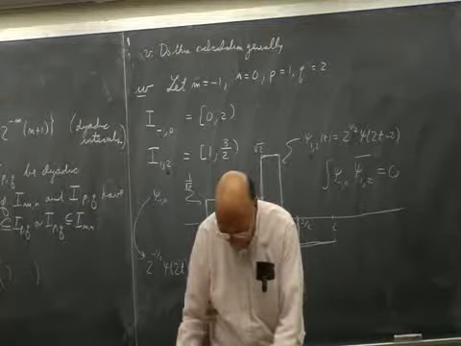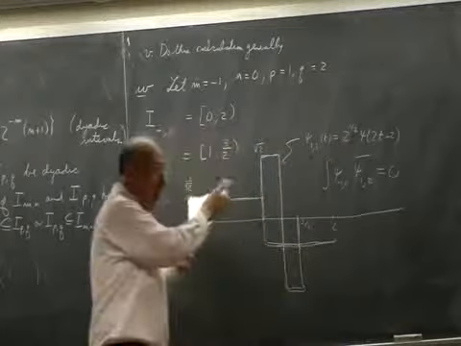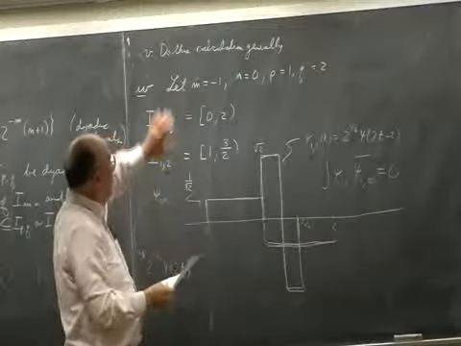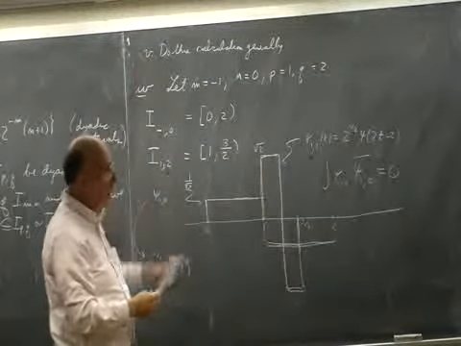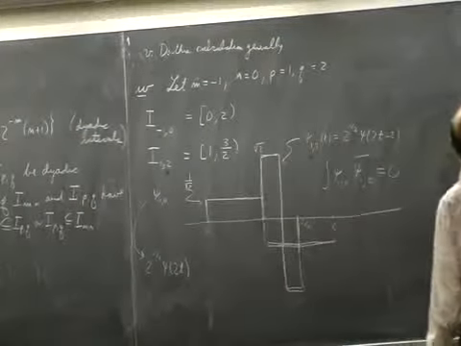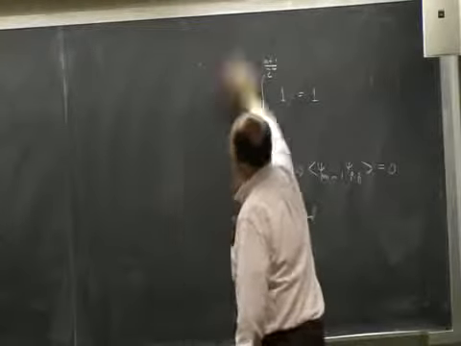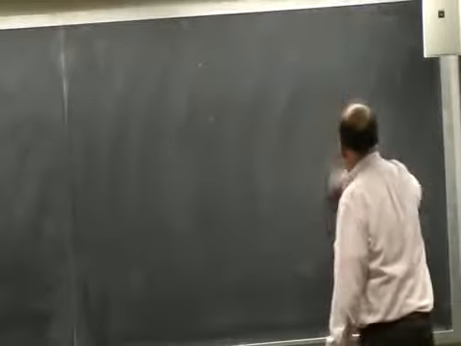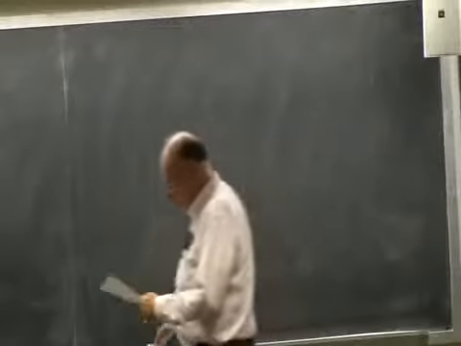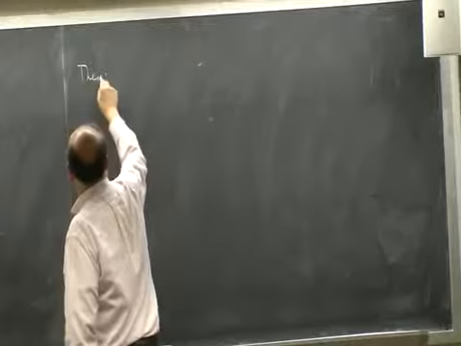Okay, so the real kicker is the following result. If you understand what I just did here, you'll be able to write this down. Okay, so this is the result we want to prove. Theorem.